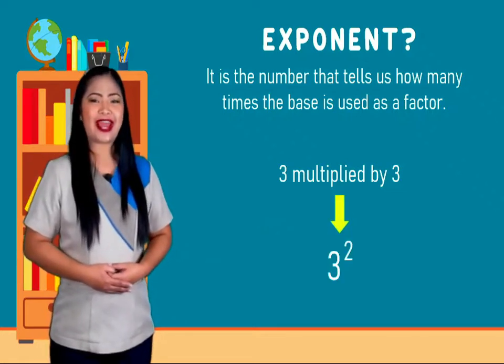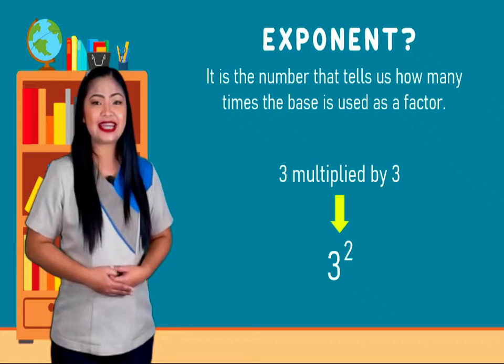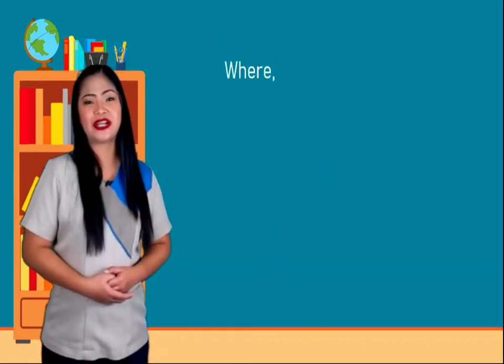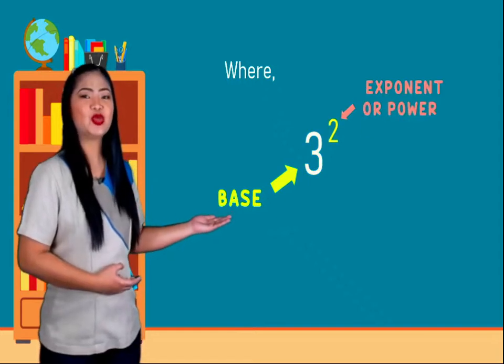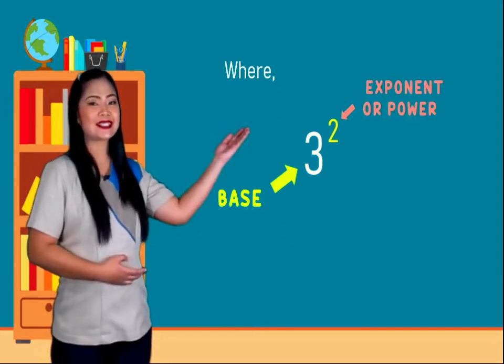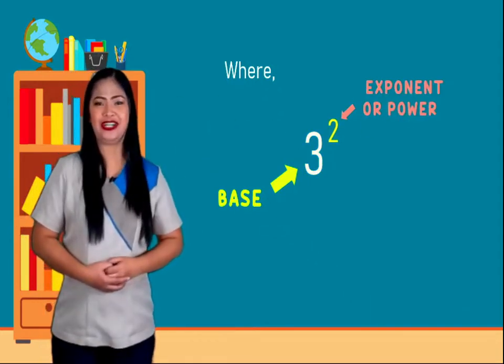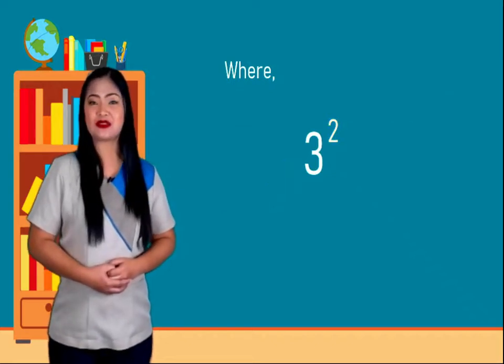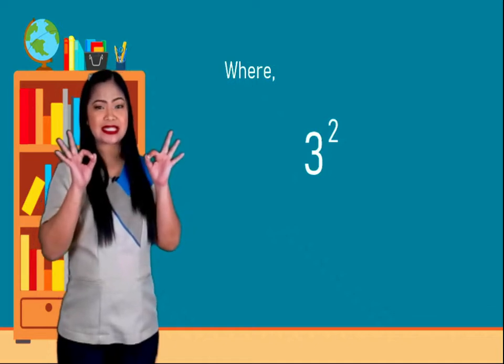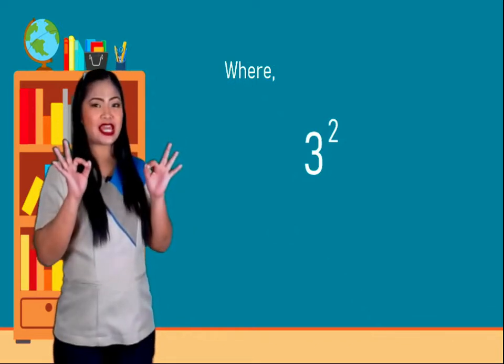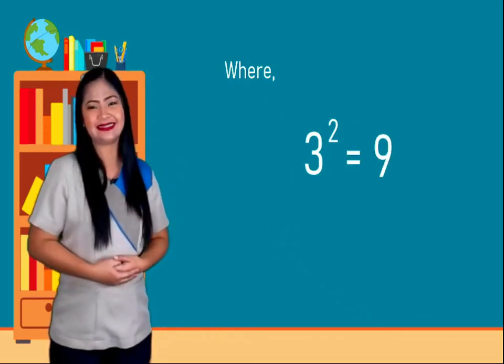Therefore, we can write it as 3 raised to 2, where 3 is what we call the base and 2 is what we call the exponent or power. So, 3 raised to 2 means that you are going to multiply two 3s. So, 3 times 3 equals 9.